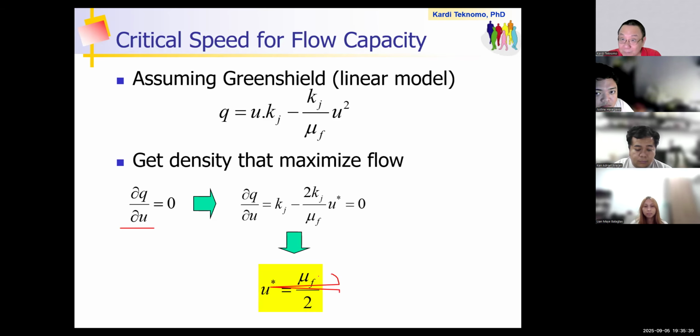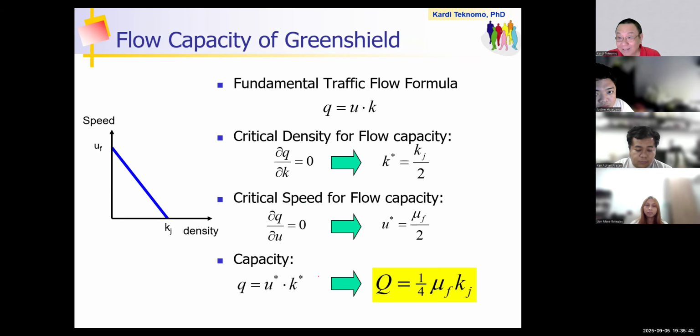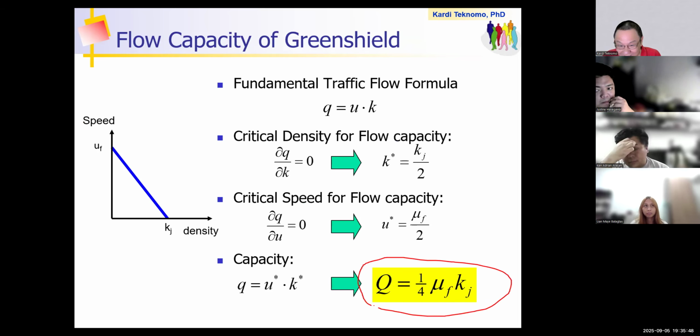With that, I can get the capacity easily. Here is the formula. Can you see? If you have the fundamental traffic flow formula, Q equals U times K, and a while ago we derived the critical density and critical speed, you multiply the two and you get the capacity.